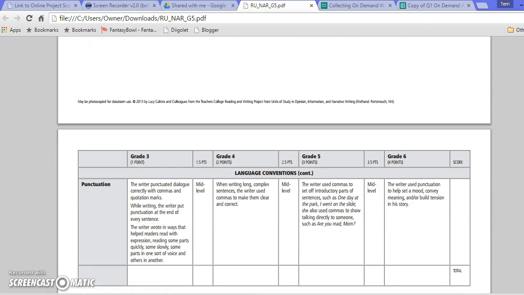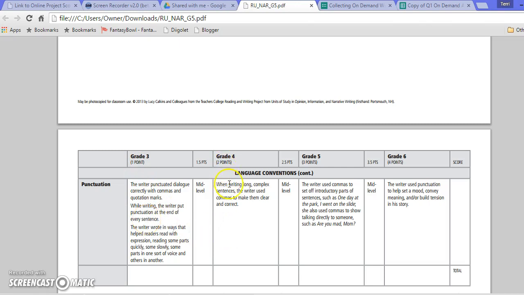So all of those areas are scored based on this rubric, and then each score reflects what grade level expectation that student is currently demonstrating in their writing. So if they got a score of a 1, they would be using punctuation at a 3rd grade level.